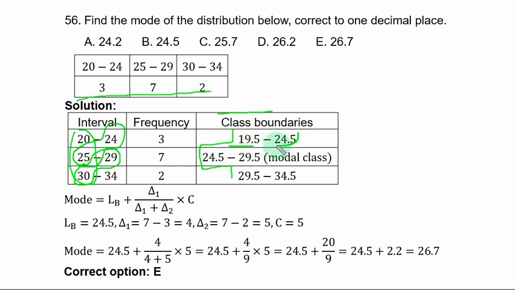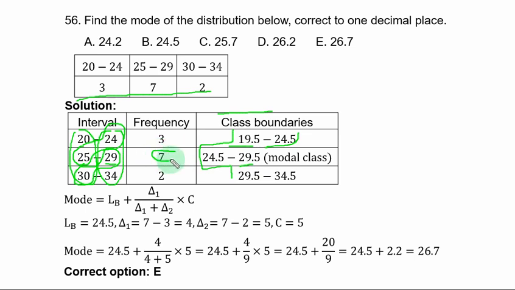To get the upper class boundary, you add the boundary value to the upper class limit. Let's take 29 plus 0.5, you have 29.5, and so on. Now, the modal class is that class with the highest frequency, that is 7.